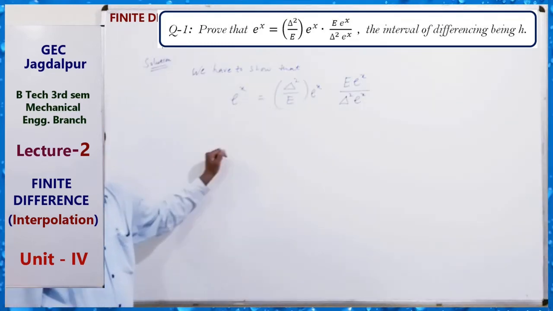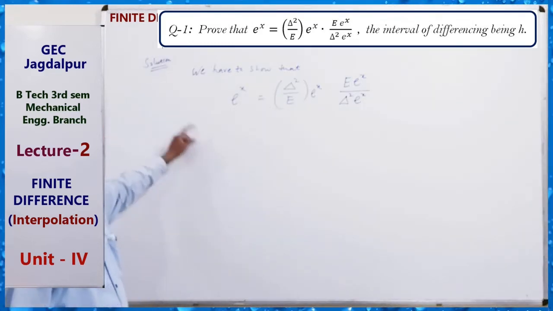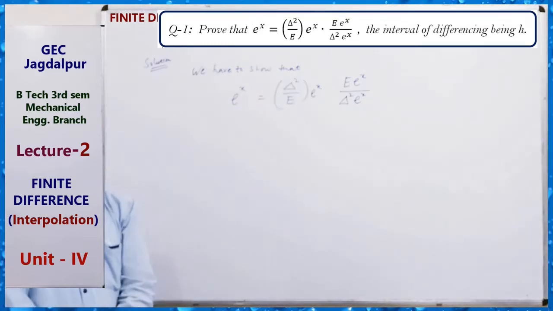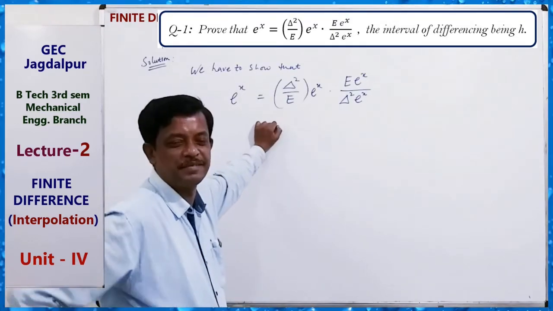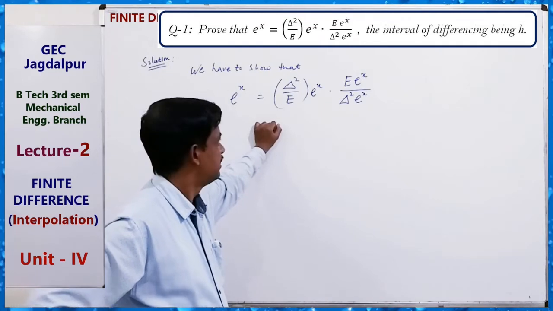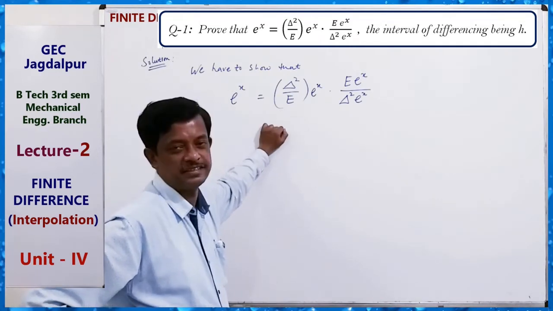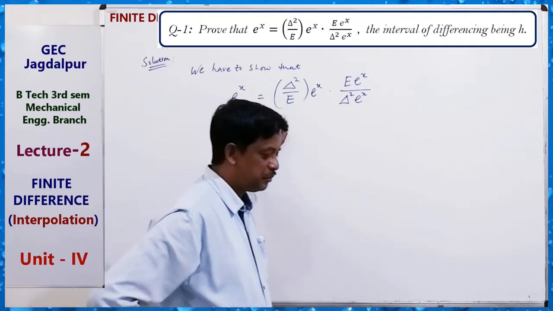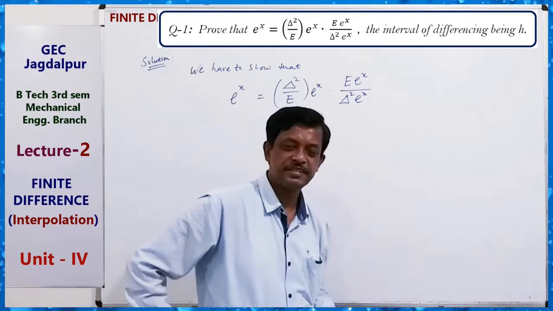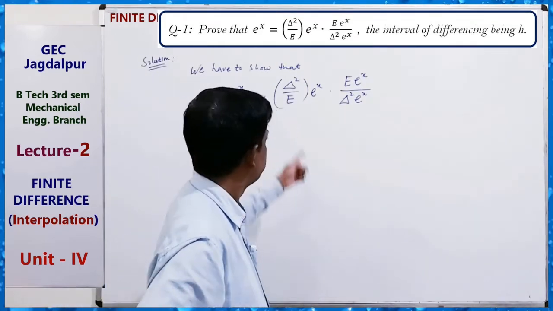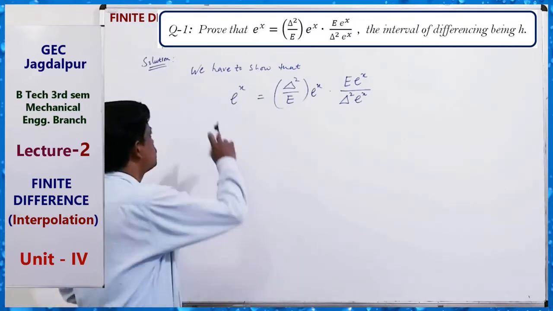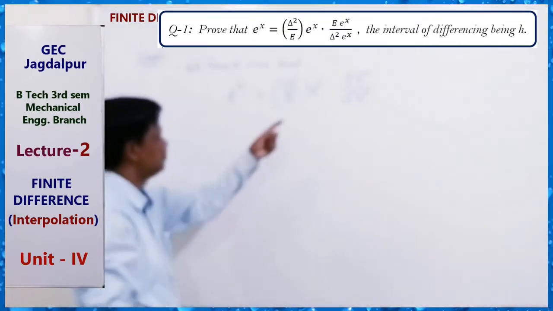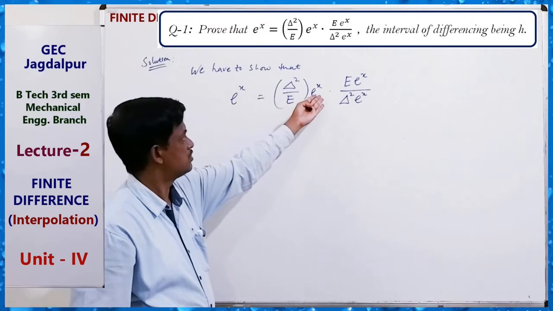Taking interval of differencing h, we have to show this. Clear? For doing this, we have to show that e to the power x equals this. So take the right hand side.